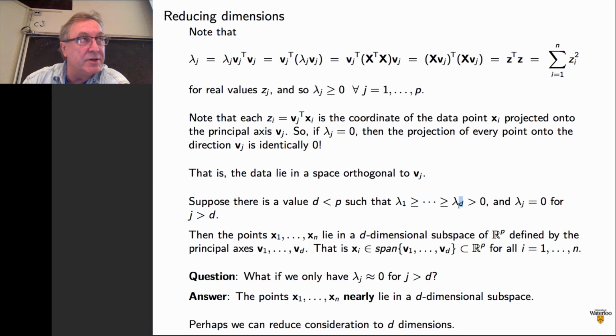If some number of them is greater than 0 and the rest are all 0, then I know the data must live in a d-dimensional subspace. Because there are p minus d directions, vj's, which when I project the data onto that, they all go to 0. Okay? So they all live in some d-dimensional subspace. They all live in a space that's orthogonal to all of those p minus d directions. Make sense?